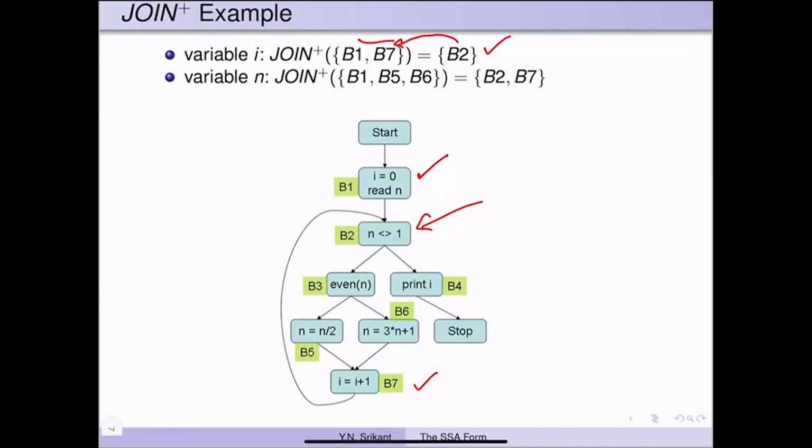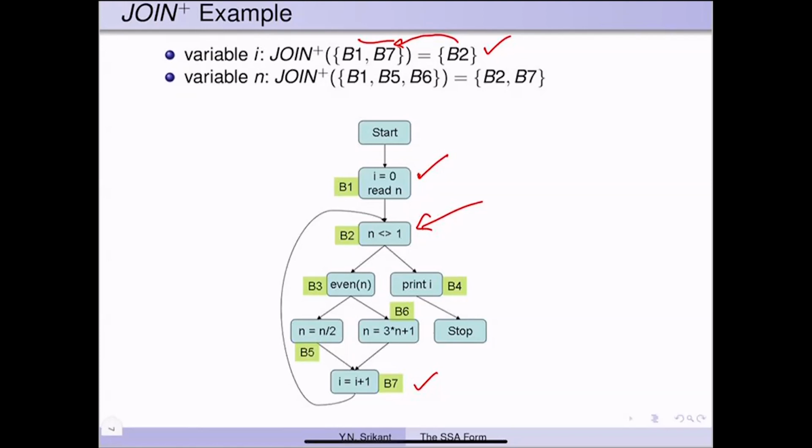That is the reason for taking the join plus rather than just the join. In this case, both the join and join plus are the same, but with a slightly more complicated example, we can cook up something which shows that introduction of a phi instruction will induce one more phi instruction into the program. This is the reason we need a join plus.